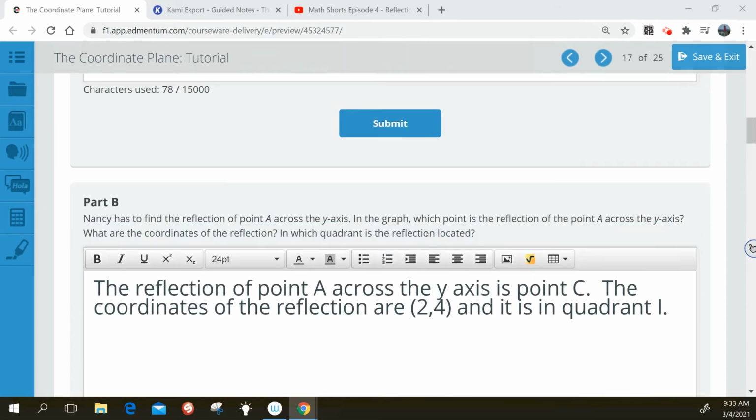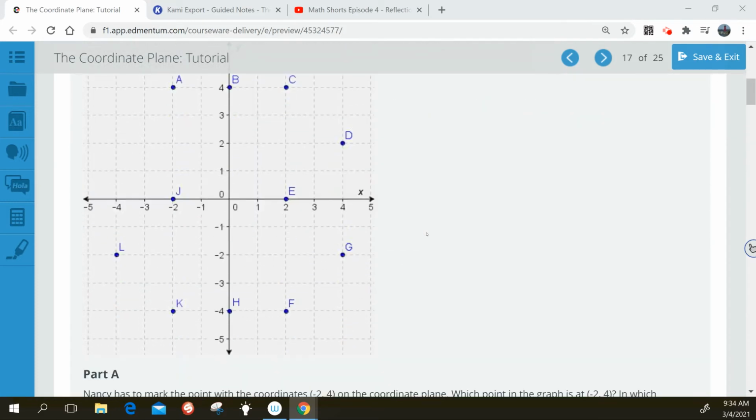So point G we're looking at, and it's the x-axis, right? So we have point G right here, and that's in quadrant 4, and our point is +4, -2. I'm going to reflect across the x-axis. That's going to be point D, correct?